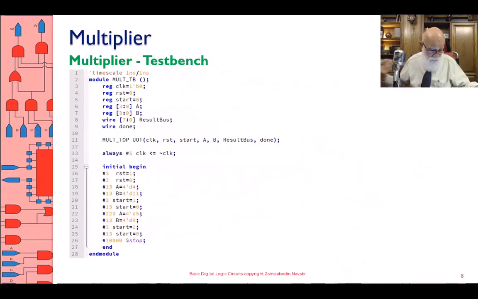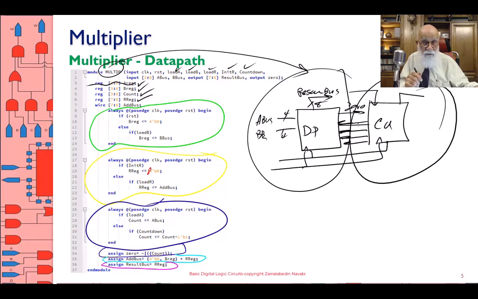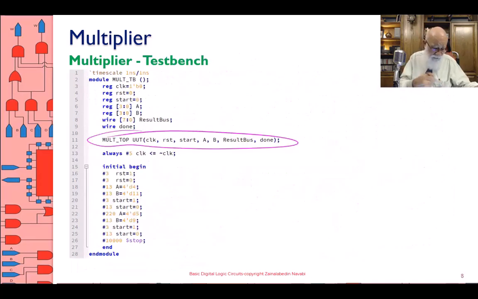I put these two together, and then write the test bench for it. This is multiplier top. I'm not showing it. It just corresponds to this wiring. It has the result bus, A bus, B bus, clocking and resetting, and the external control signals. And then here is a test bench: a clock, a reset, a start signal, A, B, the result, and the done wire.